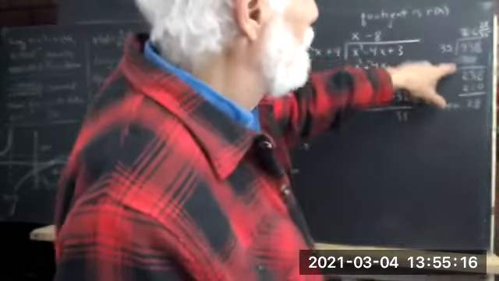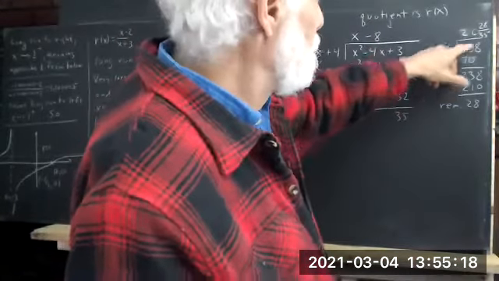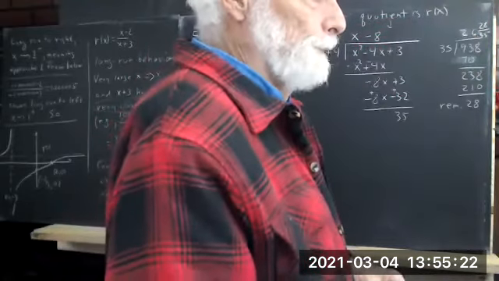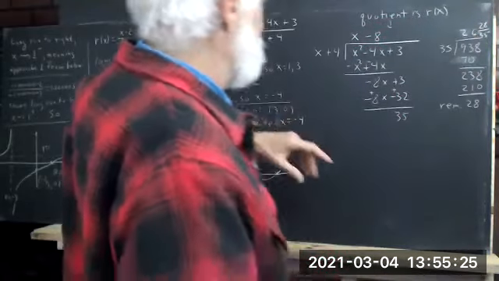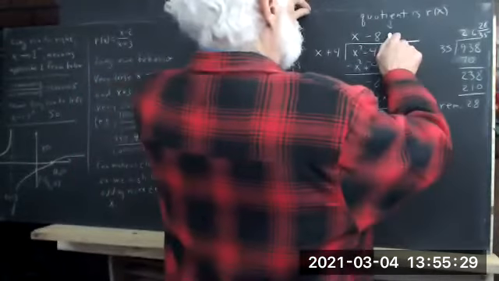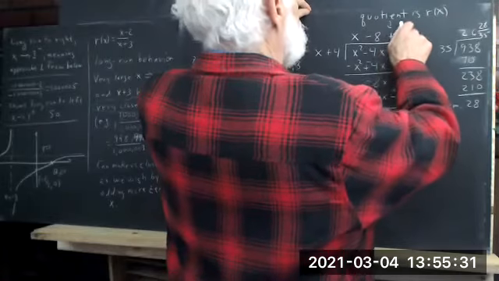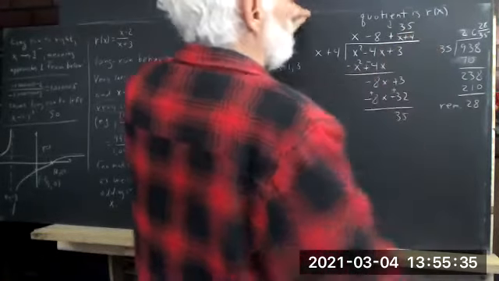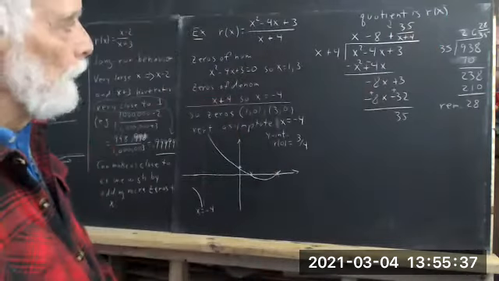The remainder 28 then goes over the 35. We get 26 and 28/35. By analogy with that, we get 45 over x plus 4. And we'll say it's plus 45 over x plus 4.